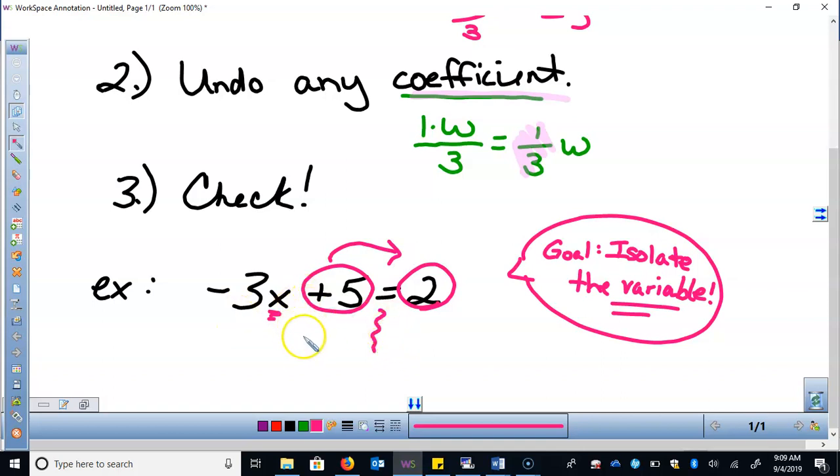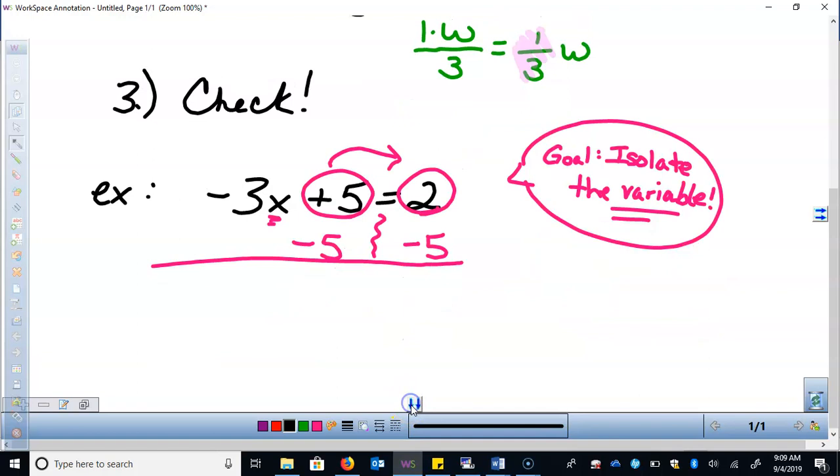Well, it's being added to the -3x, so let's just subtract it using the subtraction property of equality. We're not changing the equation, we're rearranging it. There is a difference. We're just making it look different, but it's still the same thing. Okay, equivalent equations. So we have a -3x left over here, and then 2 minus 5, that's -3.